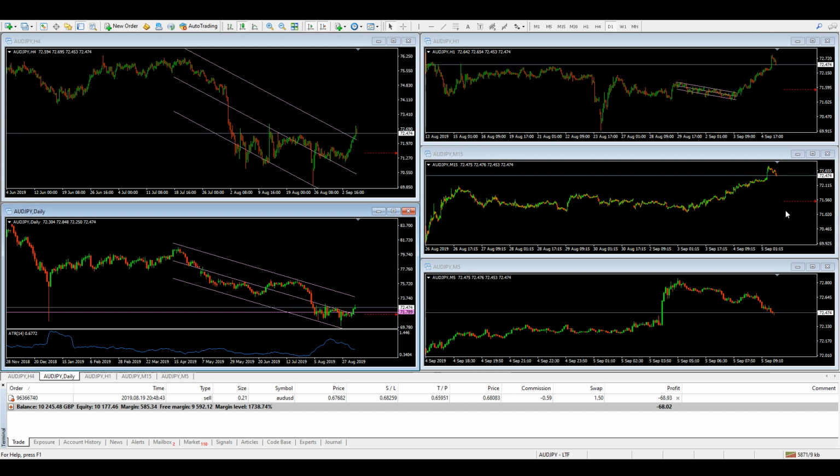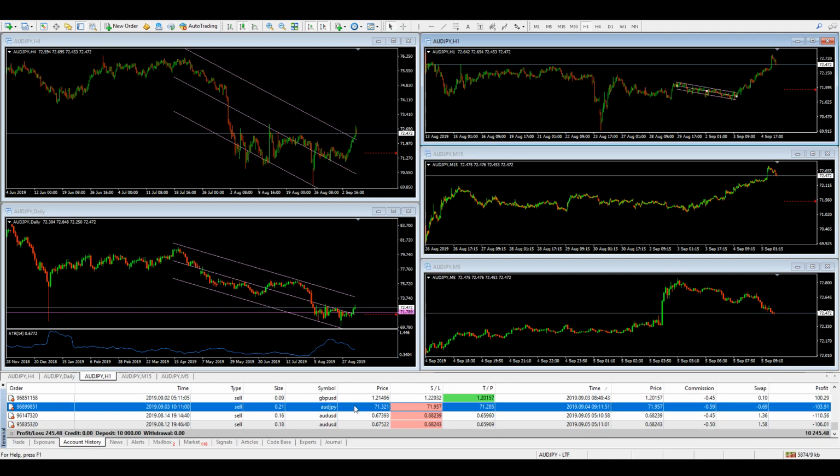And this was, in fact, let me talk about this now, because this was a trade that I shorted and got stopped out on. So we can see that my entry on AUDJPY, what was the exit price? 71.95. Okay.